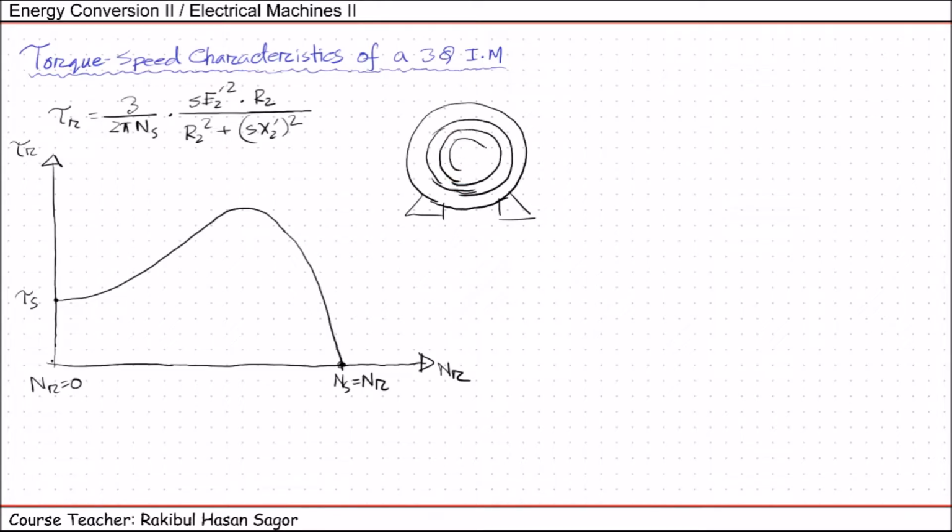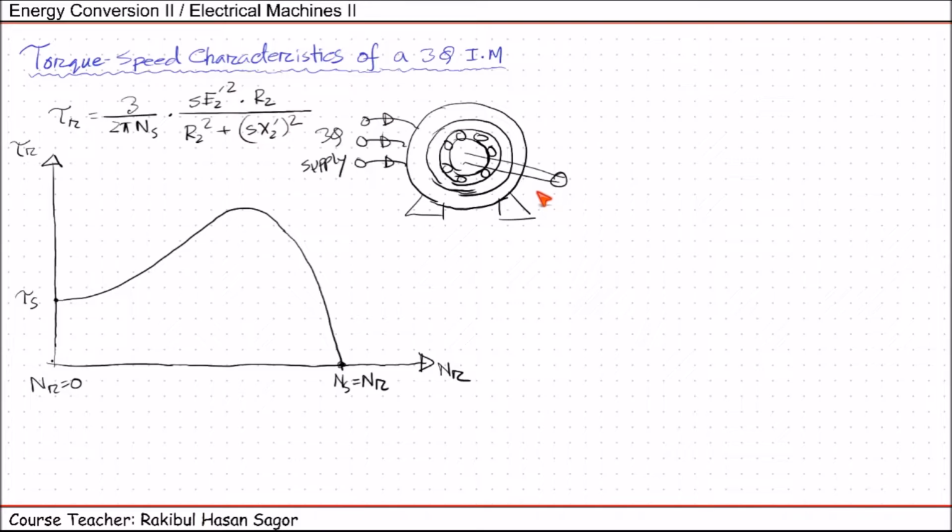Let us consider a squirrel cage rotor for the time being. So this is the end ring. You can see this is supplied by three-phase supply, and there is a shaft.